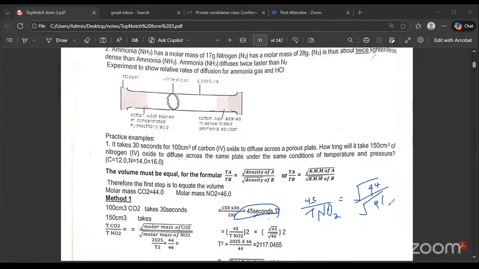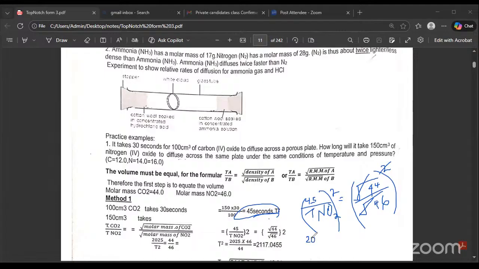Now, how the square came to be is that you want to remove the square root. So I square this side, and I square this side, so that I remove the square root. So I'll have 45 squared. I think 45 squared is 2025.